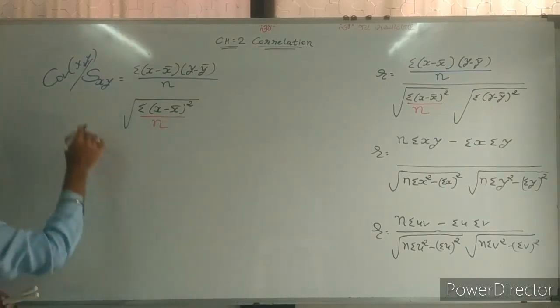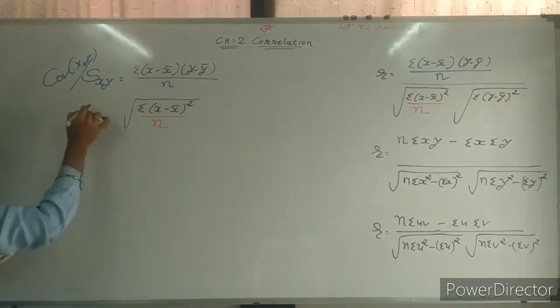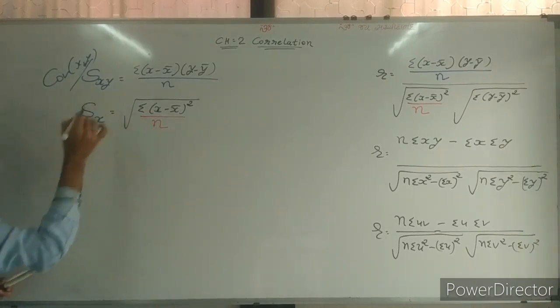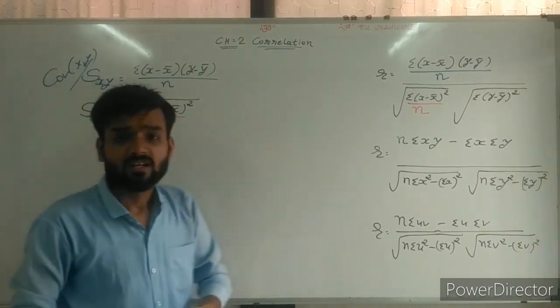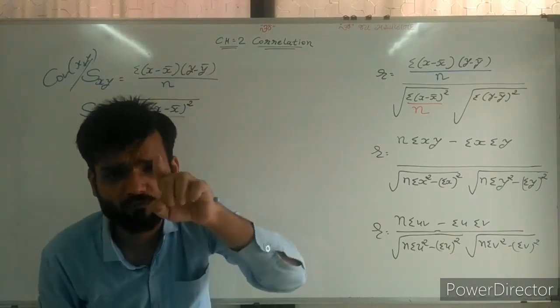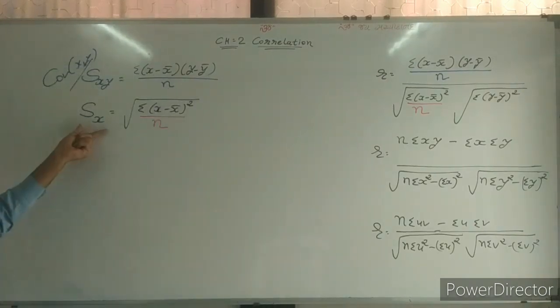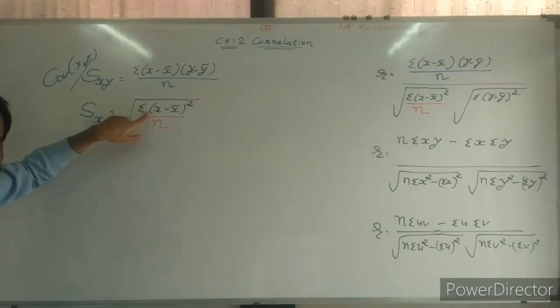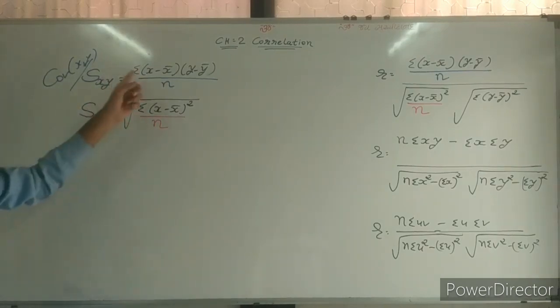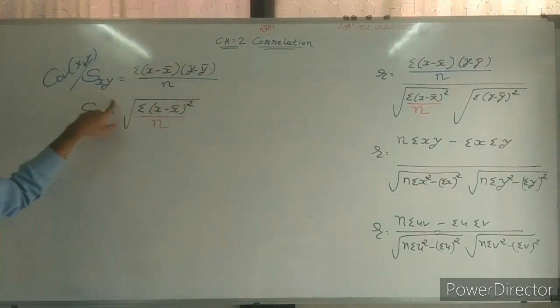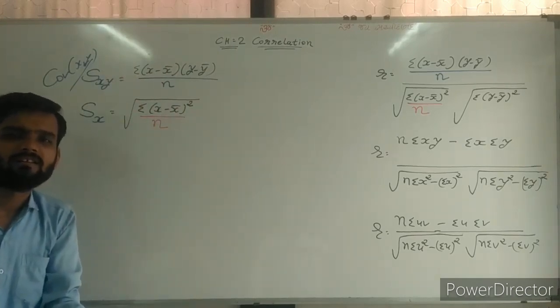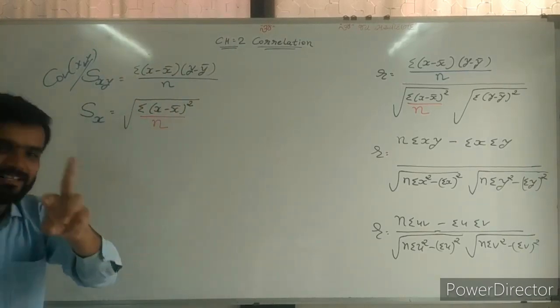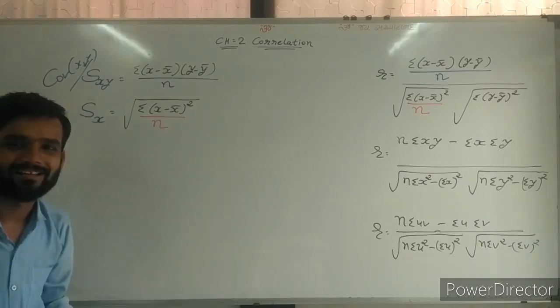What is this formula? It is Sx, known as the standard deviation of x, because here only x values are there. Here both are there, so Sxy. Simple. So this is my second formula.